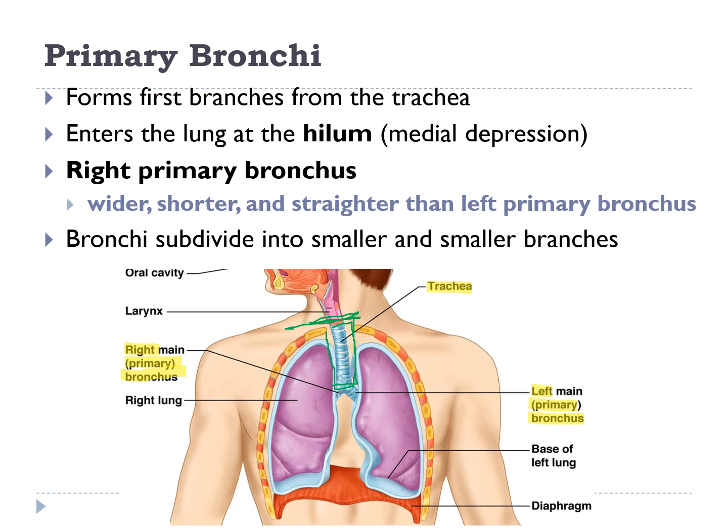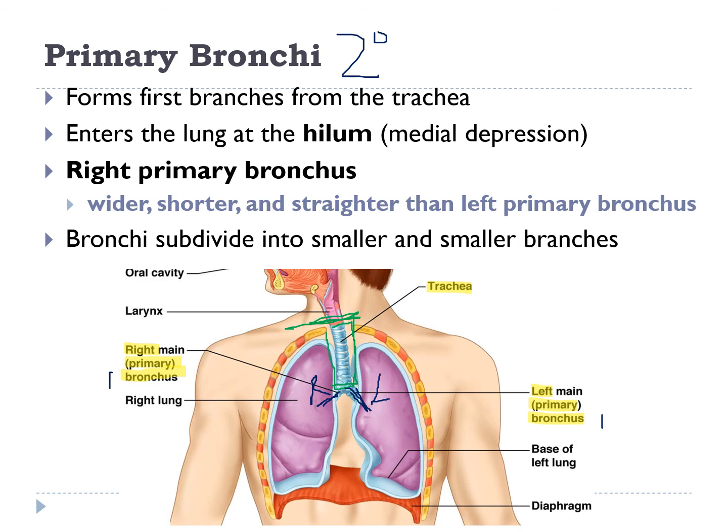So the primary bronchi is that first branch on each side that branches from the trachea. So this is your right primary bronchus. This is your left primary bronchus. And bronchus is singular. Primary bronchi is referring to both your right and left bronchus together.